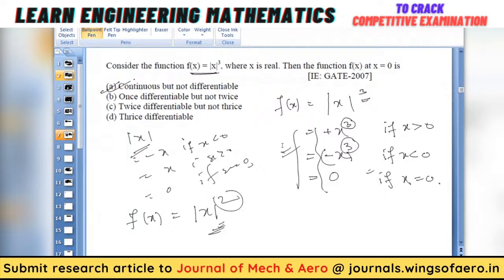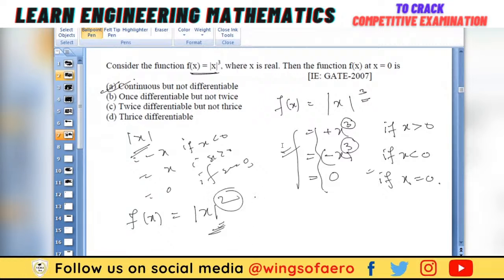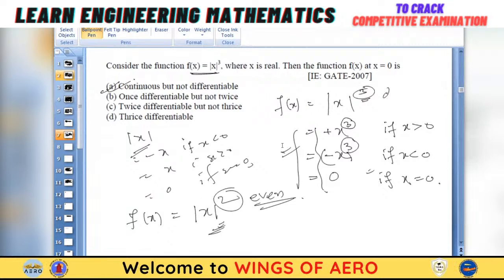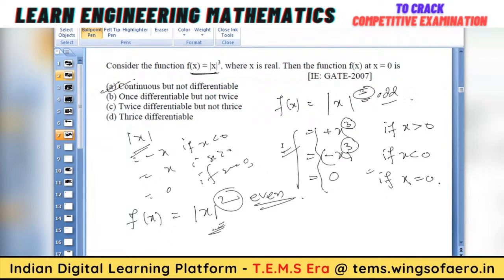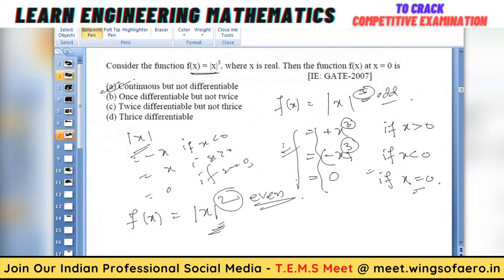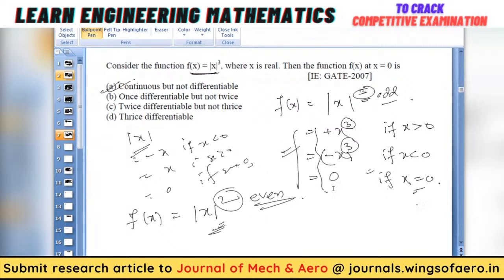So remember, if the power is even, then it is differentiable. If the power is odd, it is not differentiable, obviously at the x equal to 0 point. Even power means the function is differentiable at all these points, but odd power means it is not differentiable.